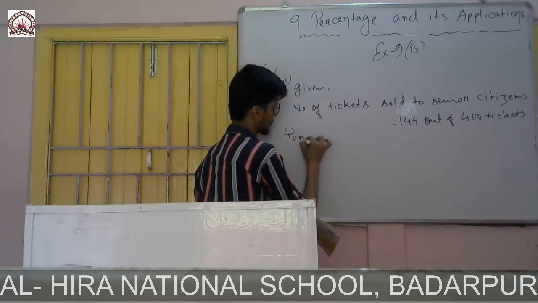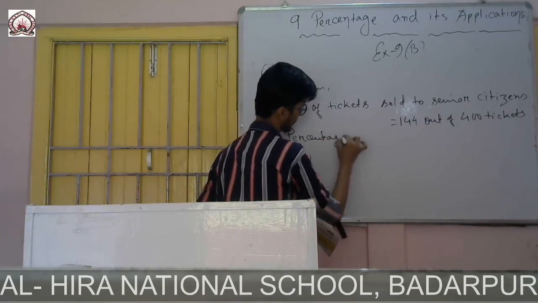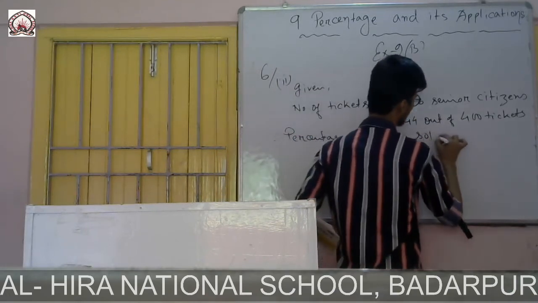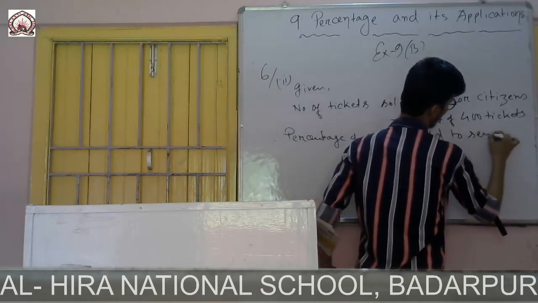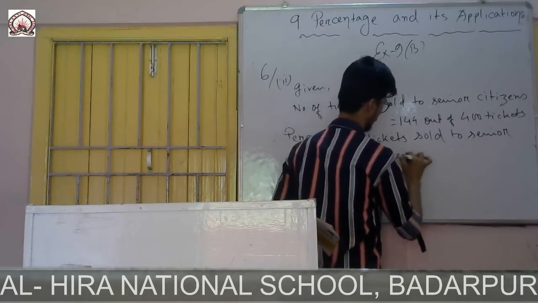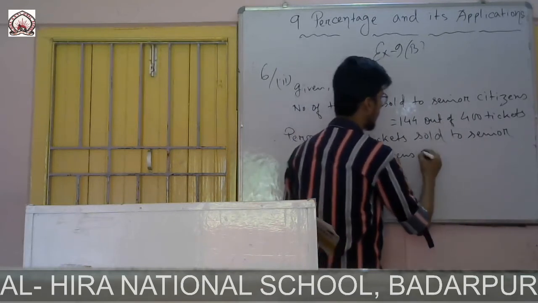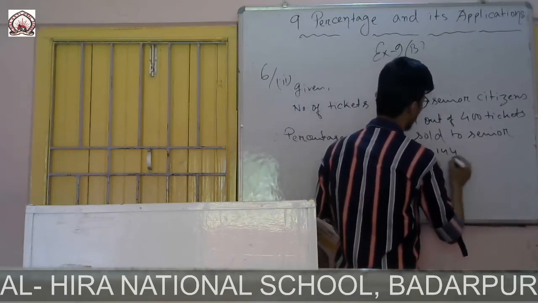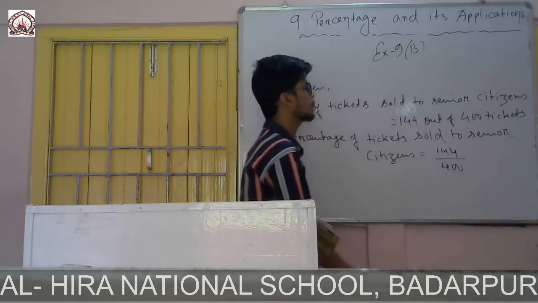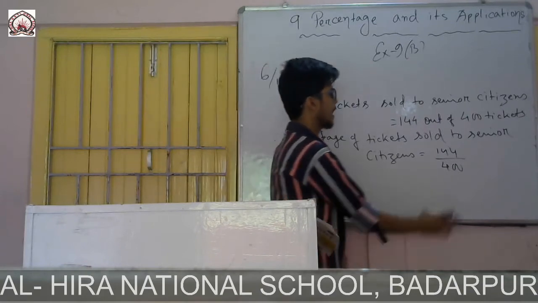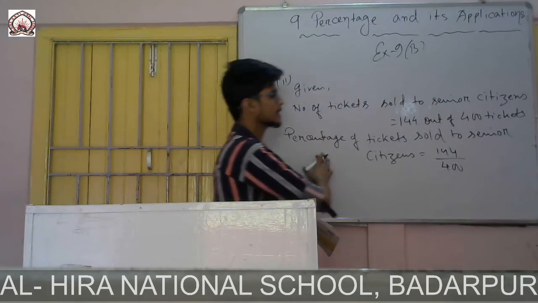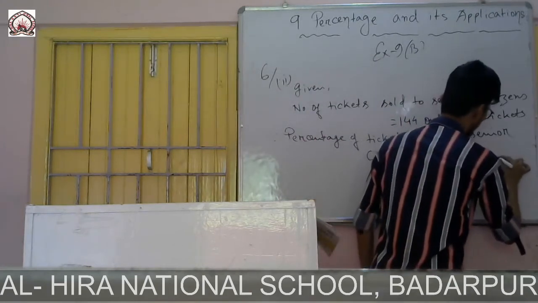Therefore, the percentage of tickets sold to senior citizens is 144 out of 400. That means 144 by 400. Since here I am finding the percentage, I will multiply it by 100.